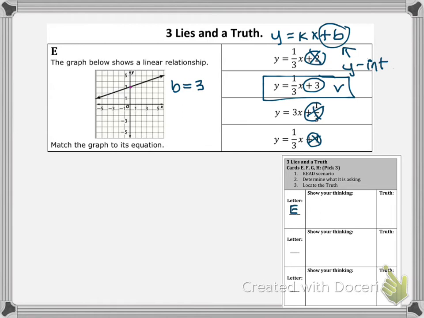So the truth is that our thinking is finding the y-intercept. So our truth is y equals 1/3 x plus 3. Okay, and so we could have found the slope, which means that when it increases, goes 1, and then 1, 2, 3. So that would be 1/3 for your slope.